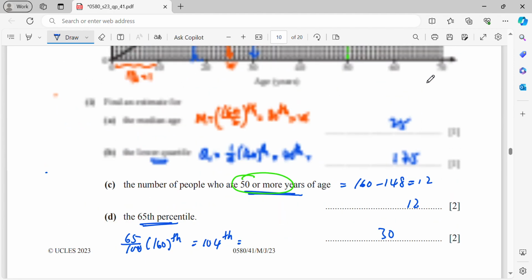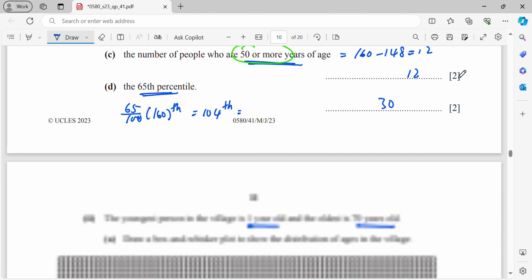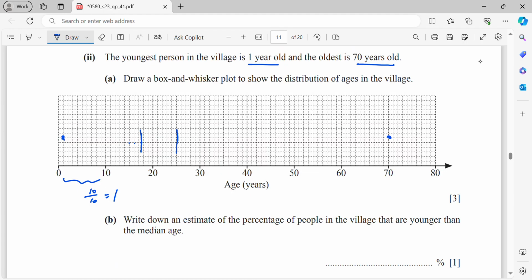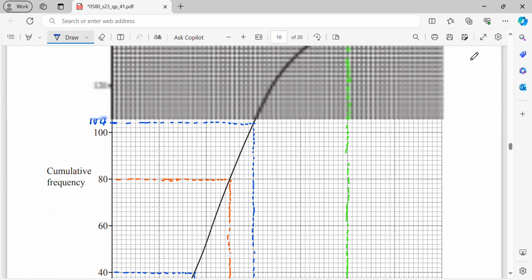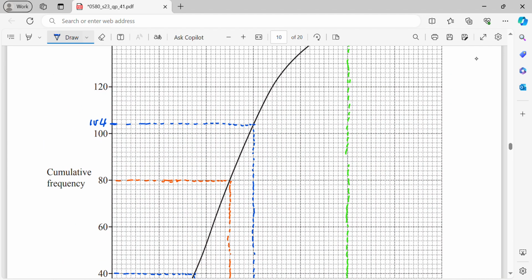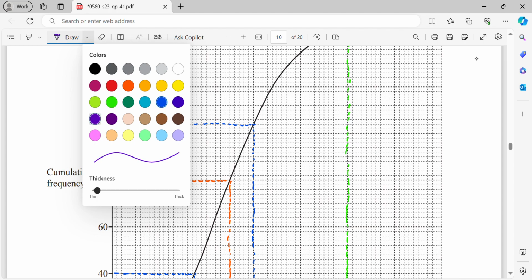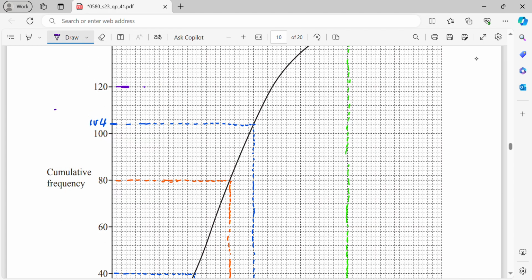Now my upper quarter, I need to find out my Q3. Okay, so this is an extra calculation. Upper quarter is 3 over 4 of 160. So this is going to be 120. Data number 120. So 120 now, okay, check. 120 is basically over here.